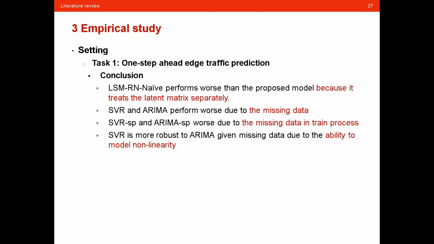And SVR and ARIMA perform worse due to the missing data. And although the missing data is completed, they also perform worse. And also we can see SVR is more robust than ARIMA given missing data due to the ability to model nonlinearity.